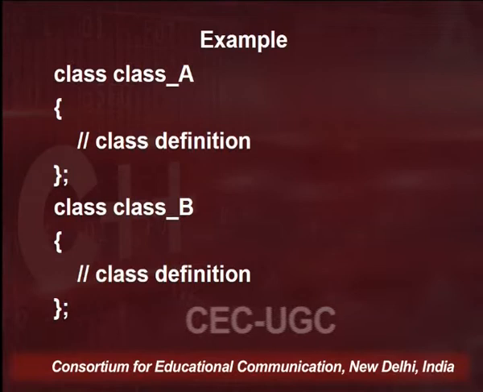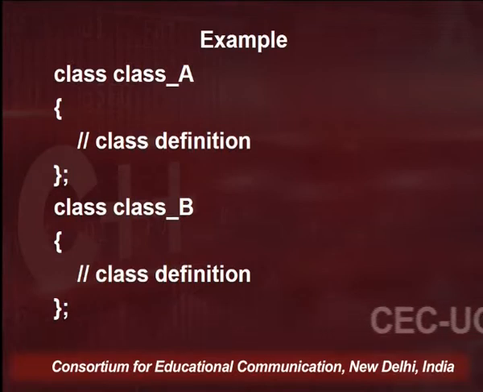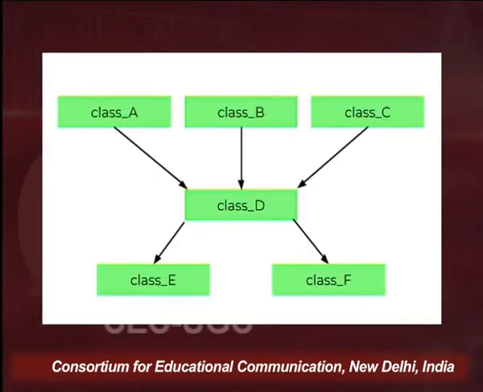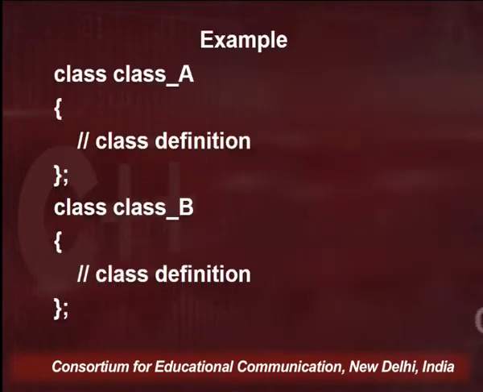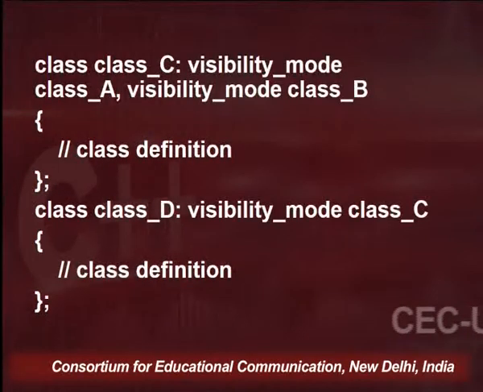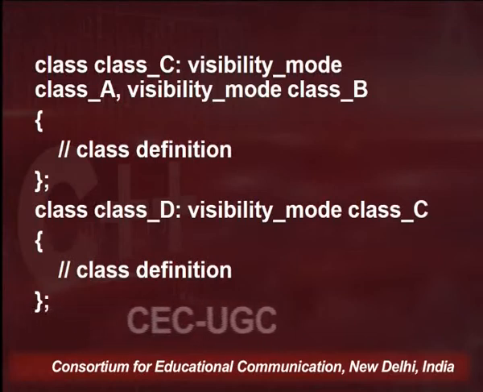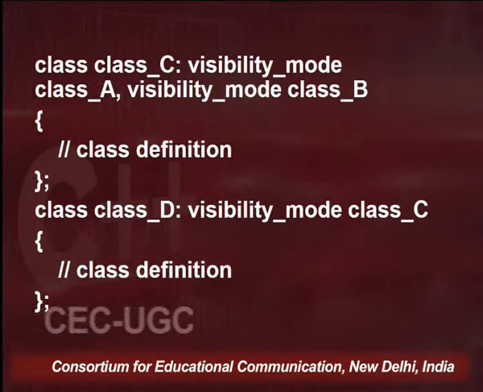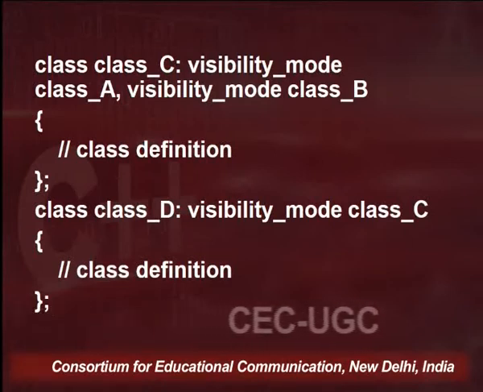Now taking the syntactical example of the scenario depicted in the figure, classes A, B, C, which are taken by class D, in turn taken by E and F. Let's say we have a class A, then we have a class B, along with their own standard definitions. Now here we have another class, class C, which in turn inherits class A and class B both with their specific visibility modes.